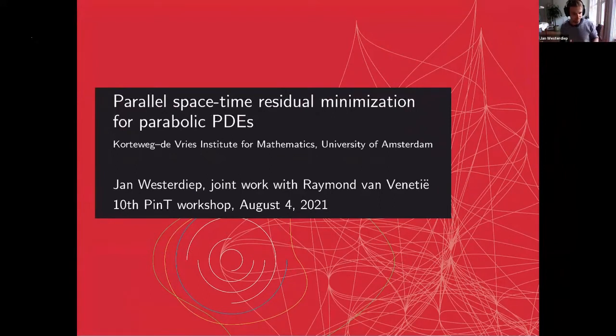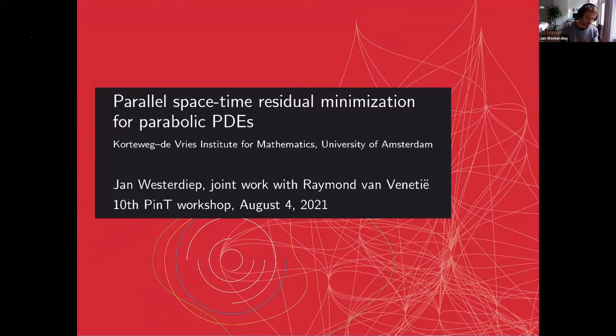But I'll be presenting on a project that actually spawned after the previous PinT workshop. Last year I spoke about adaptivity for parabolic PDEs in a space-time setting. It was actually kind of close to what Johannes was talking about. And I effectively made the case against parallel computing in favor of local space-time adaptivity.